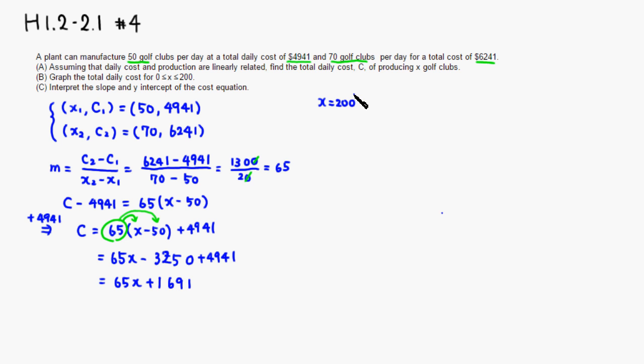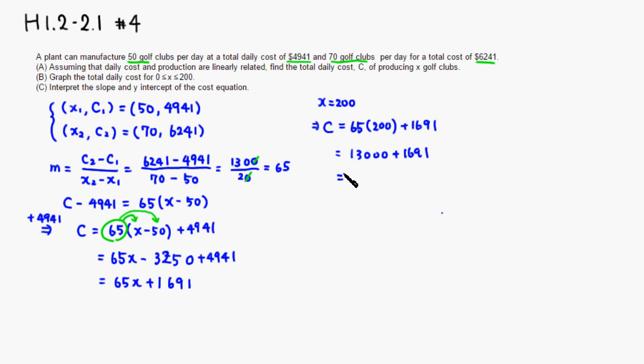So if x equals 200, let's say c is going to be 65 times 200 plus 1691. So 2 times 65 is 130. Then you have a couple more zeros, and plus 1691.